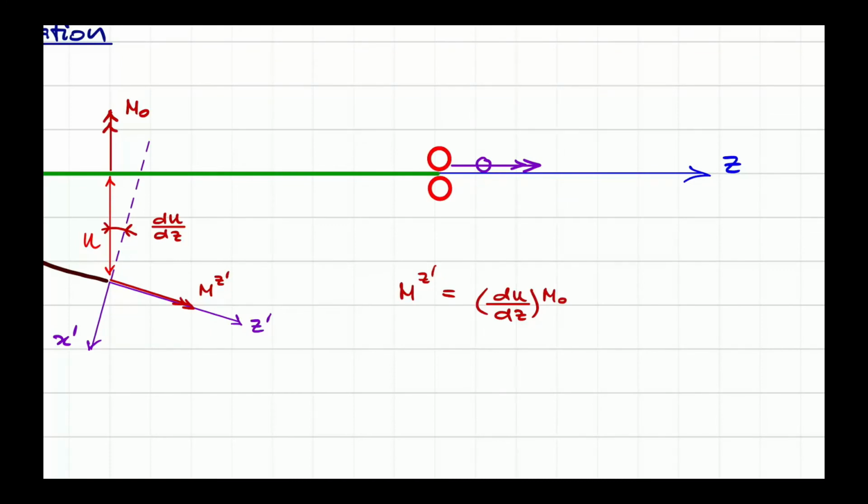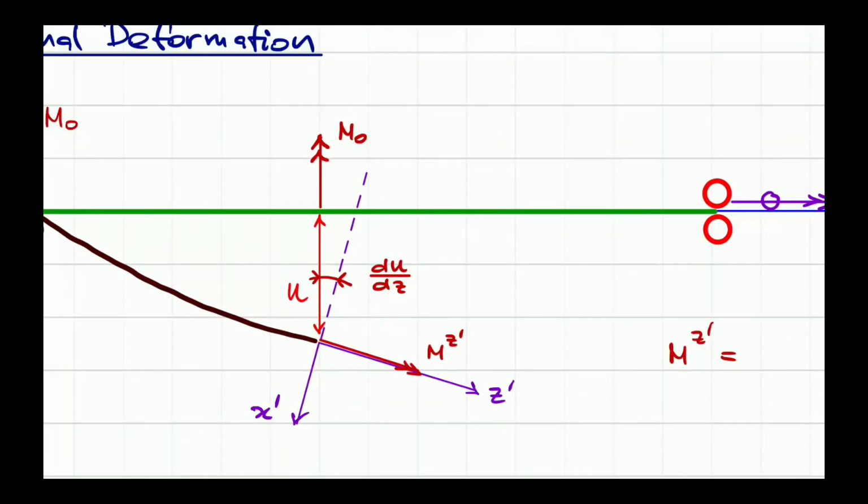Why do we not just have this? You look at this one here, if we write down this, the M naught is actually pointing upward.